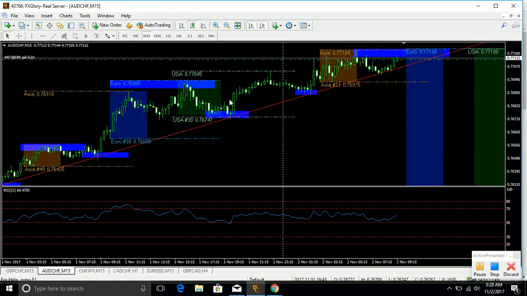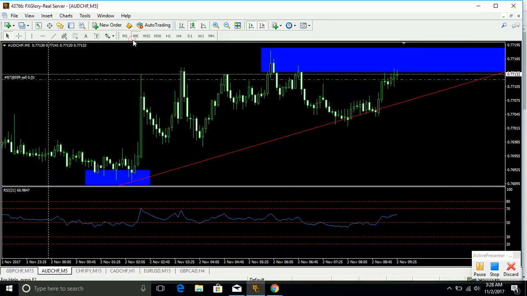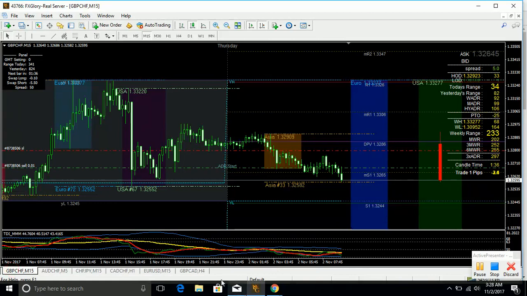Notice how this London European session starts at 4 o'clock and how our trade opportunity setup is coming prior to.